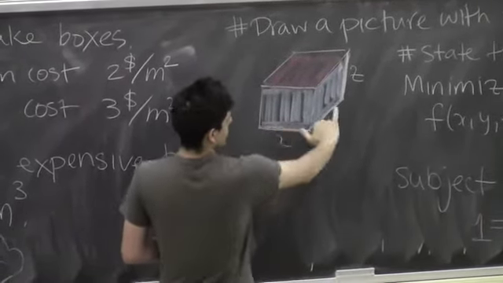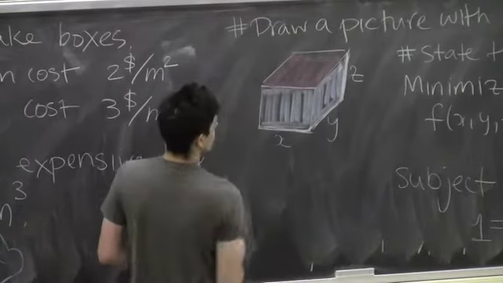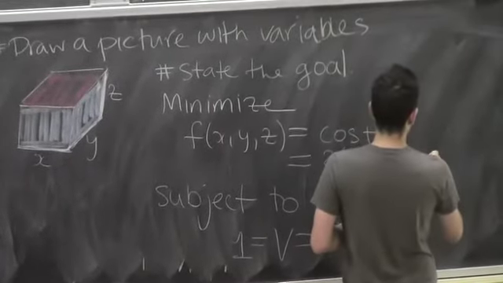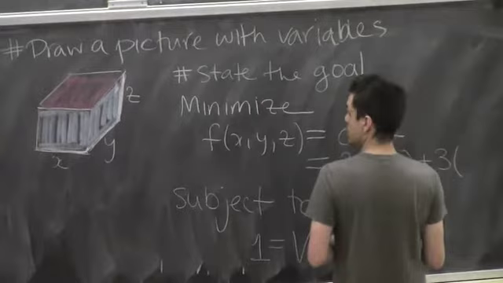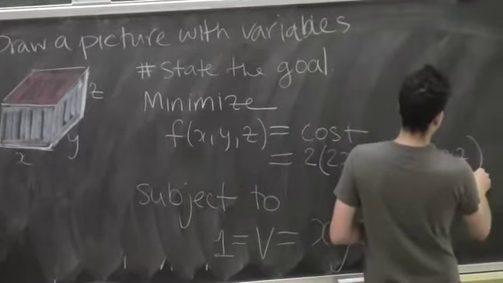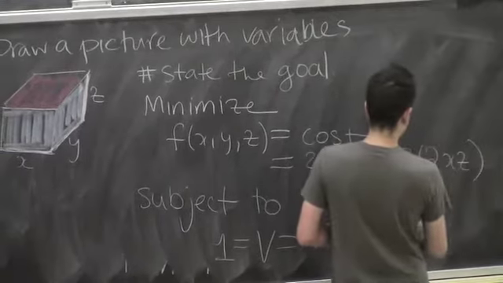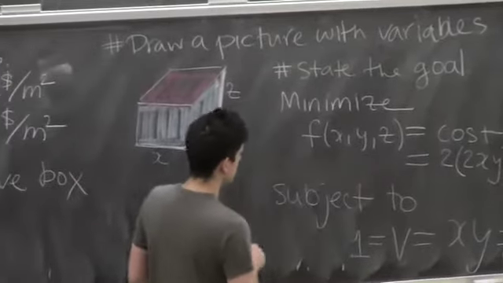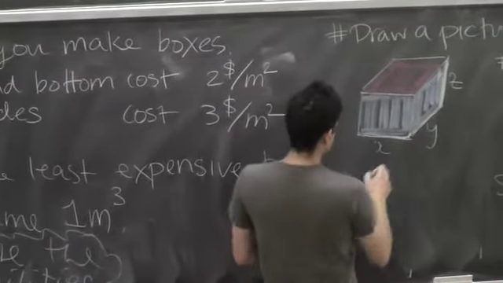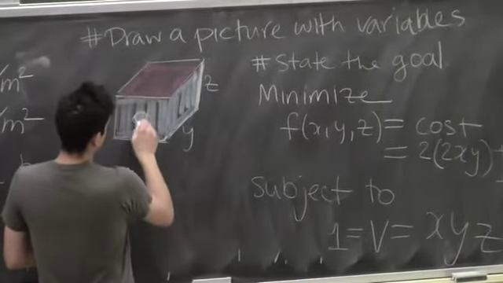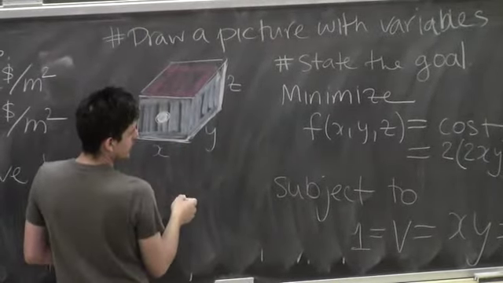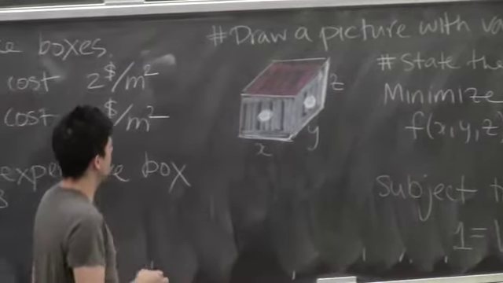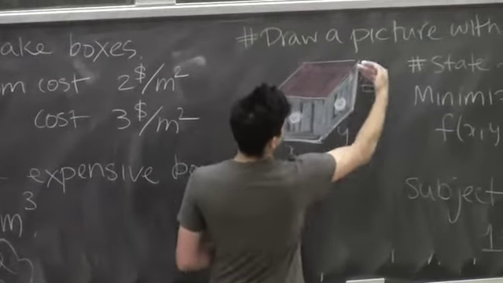And then the bottom also has dimensions xy. Okay, so there's two guys there. And then we've got $3 times 2xz plus $3 times 2yz. Right? So the xz term is for this face. The yz term is for this face. But there's another one on the other side of the box.